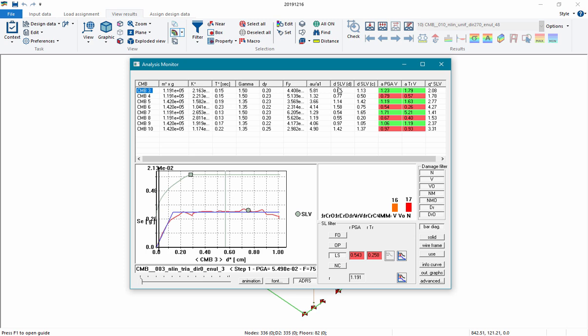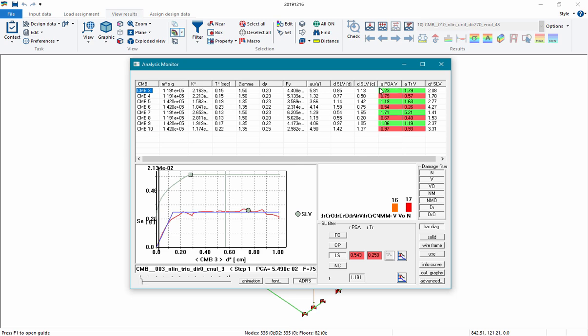This data with the letter D is the demand in terms of displacements for the ultimate limit states, and this is the capacity, also in terms of displacements. Then we have the safety checks, so the ratio between the capacity and demand acceleration for the ultimate limit states in this case.